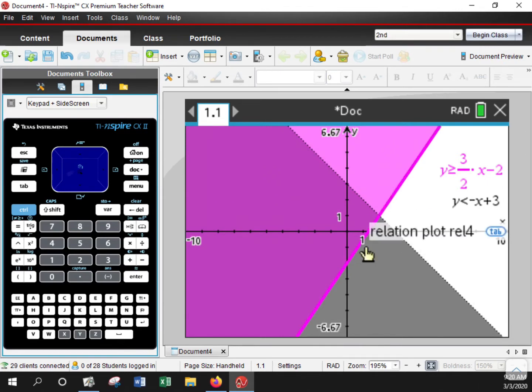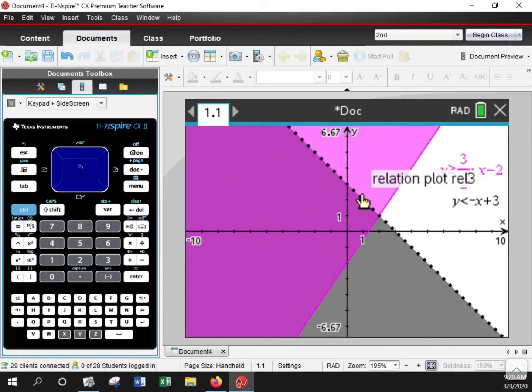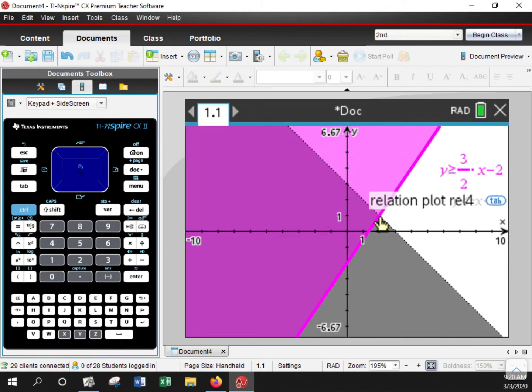Now the thing to remember is the solid line is part of the solution. So the solid line down here below the black part is part of my solution. The dotted line over here is not part of my solution. So the point where they intersect is not a solution to graphing a system of inequalities. It's this area that's overlapped, and it's the overlapped lines that are solid as well.